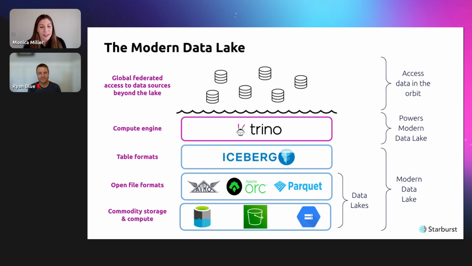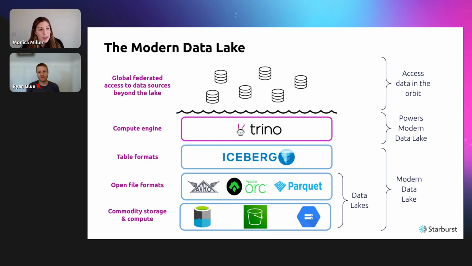And that's typically what is in the data lake sphere. Well, to really up level that data lake and make it something that can be usable, and everything that Ryan just said about applying those data warehousing principles to your data lake, you need your table format. And that's where Iceberg comes in. And that's where it gives you all of that power to do that.